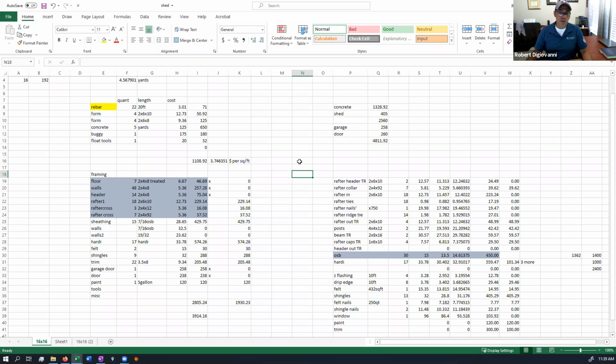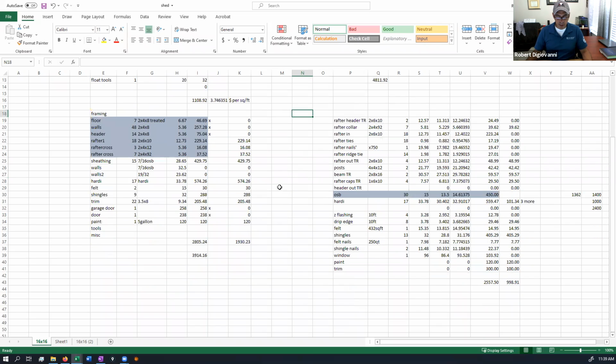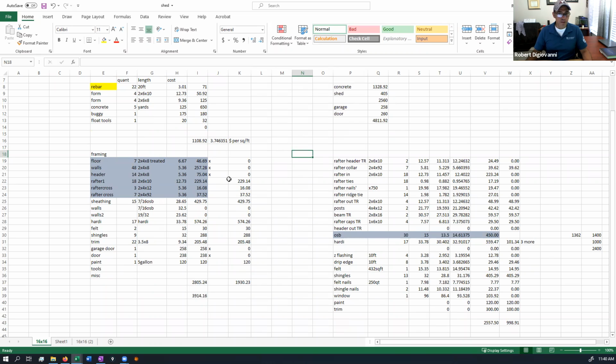So I told you I was building a shed back in December last year, and this is me putting together all the different materials I needed. So I had to buy 2x4s, 8 foot long. I had to buy those from the store. I actually needed 48 of them. I don't know if y'all can see this.